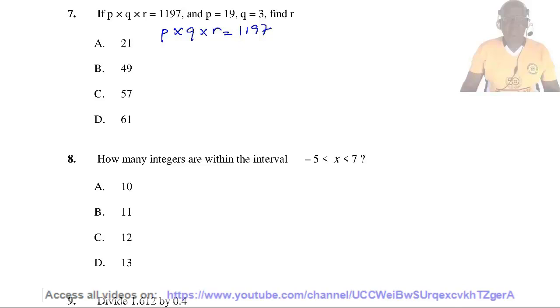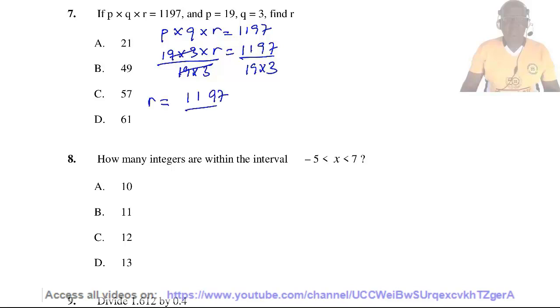We shall substitute P and Q. So 19 times 3 times R equals 1197. We shall divide through the equation by 19 times 3. This will cancel this. So R equals 1197 divided by 19 times 3.